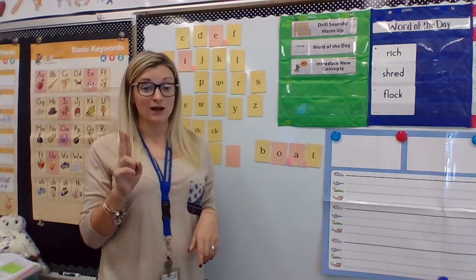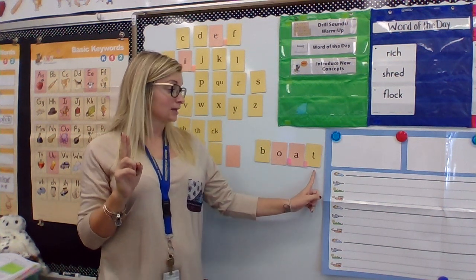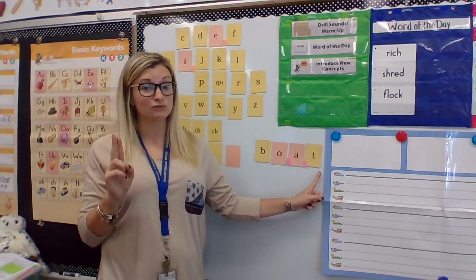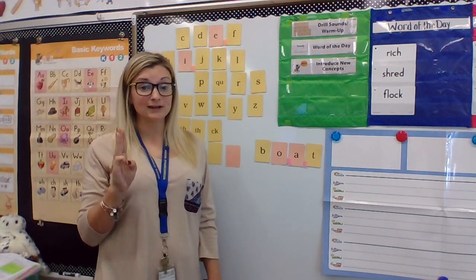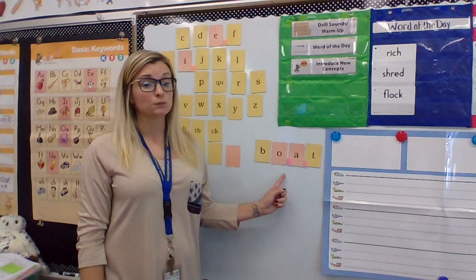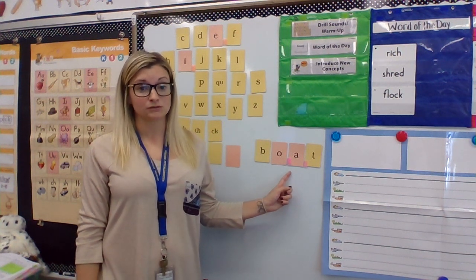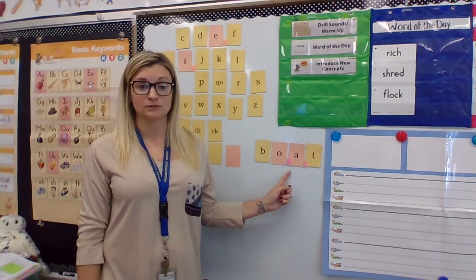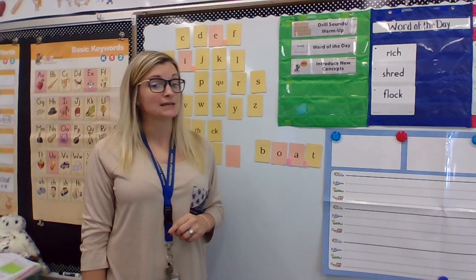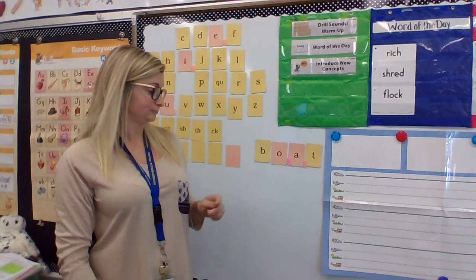Two, it has to be followed by a consonant. The vowels are followed by a consonant, but there's still two vowels. And three, the vowels have to be short. And in this word, it makes the O sound. So that is not a short sound. So this word does not follow all those rules, which means it's not a closed syllable.